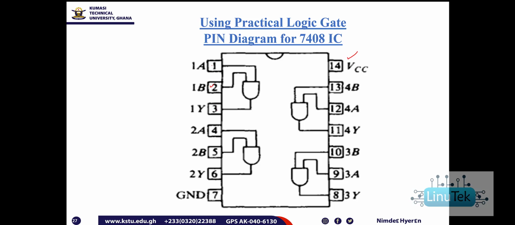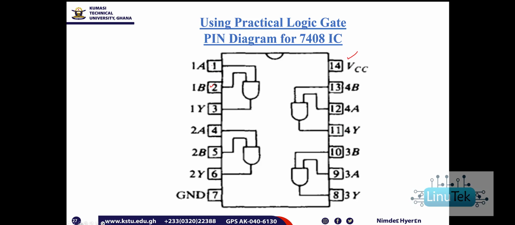Pin 3 is an output. 4, 5 inputs, 6 output. We have the ground at pin 7. We have 9 and 10 as inputs, 8 as an output, 12 and 13 as inputs, and then 11 as an output.